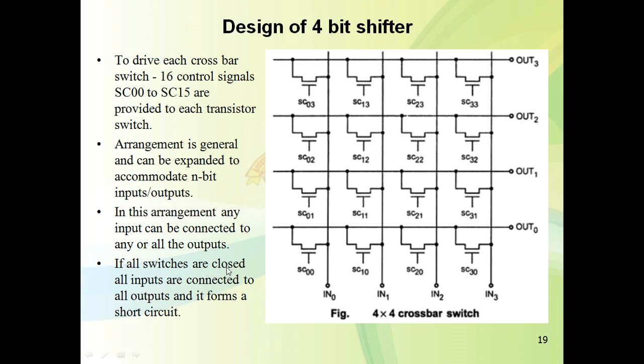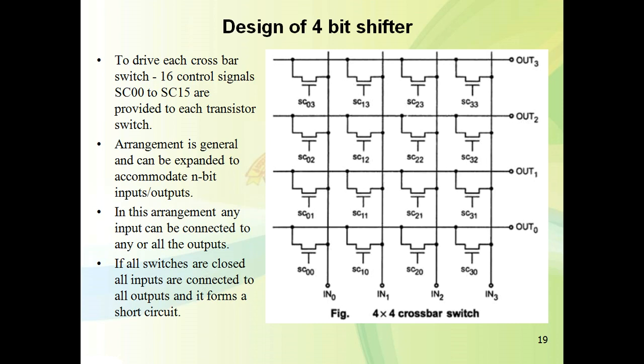If all switches are closed, all input lines are connected to all output lines, but it forms a short circuit. So this is one approach, but here we require 16 control signals.